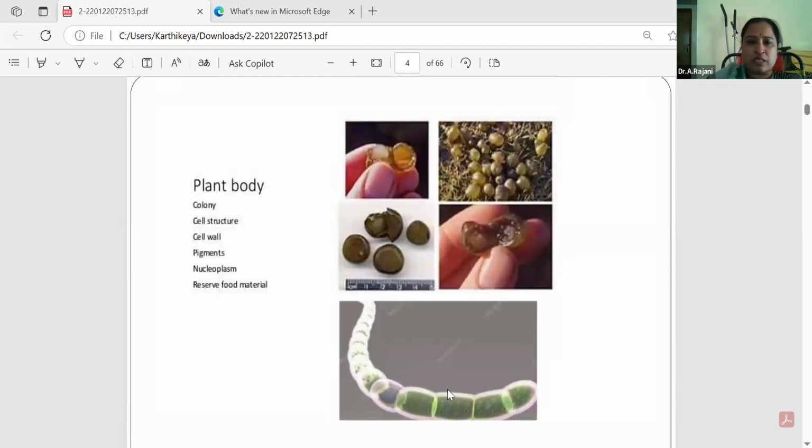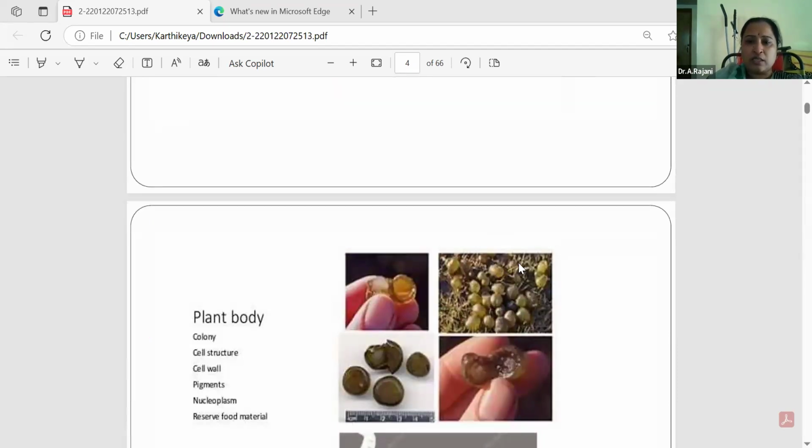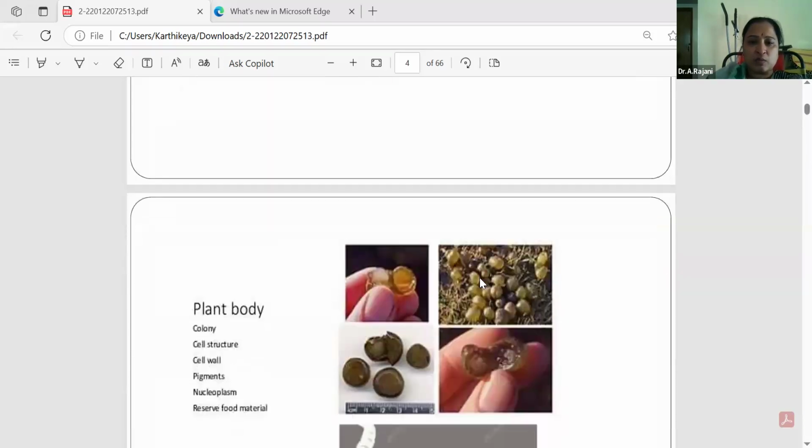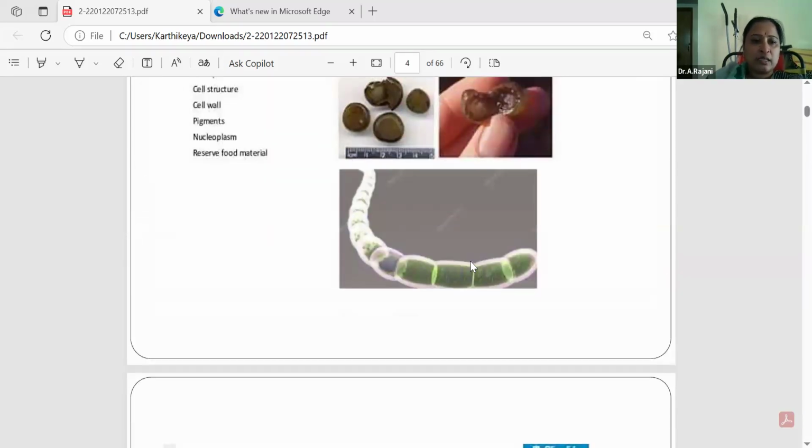This is not a film, only a single one. You can observe this is a colony. Each and every colony is made up of one mucilaginous sheath. That sheath is called the gelatinous sheath. The balls are green in color, sometimes bluish in color.